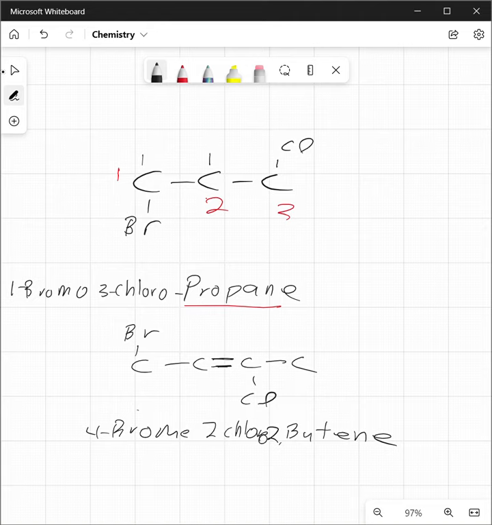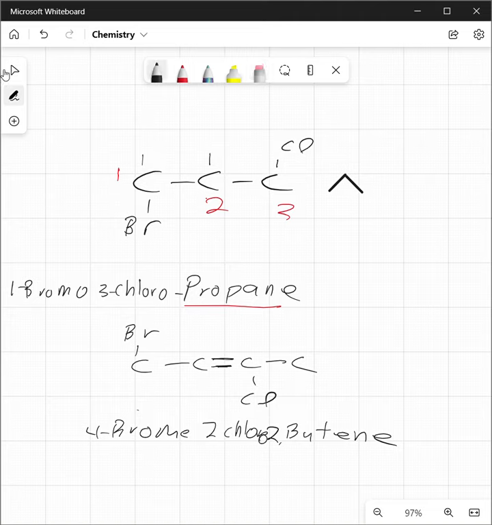So I'm going to draw this first structure in skeleton form. Here's one carbon, there's two carbon, there is the third carbon. So this is equivalent to that: carbon 1, carbon 2, and carbon 3, right? That makes sense? Yeah.